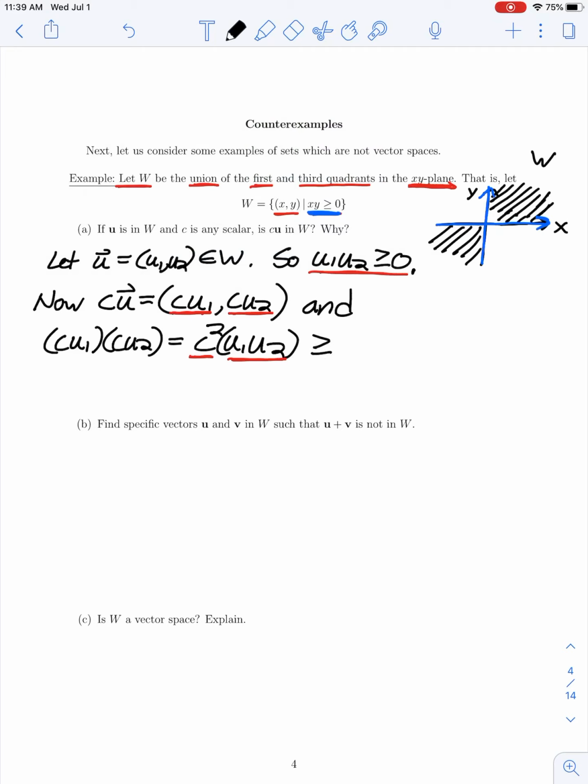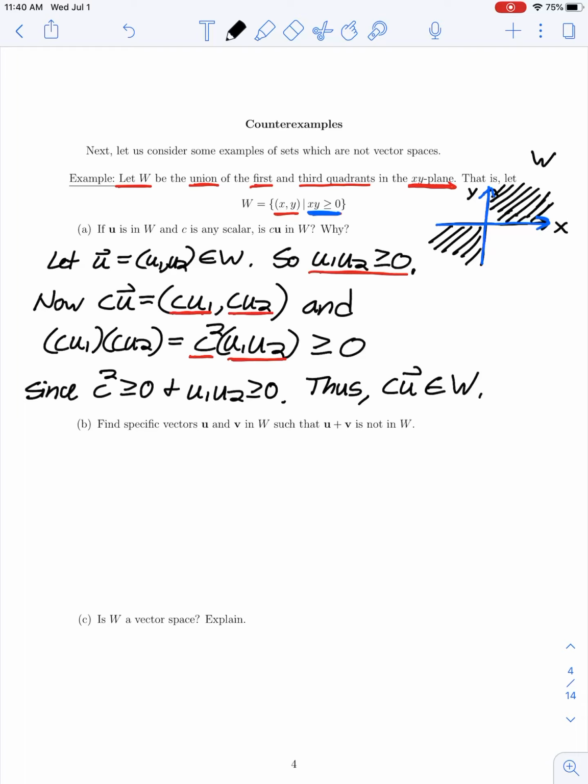So the product must be non-negative, since c squared is non-negative and u1 times u2 was non-negative. So we've established that the scalar multiple of any vector in W must also lie in W. All right, so this space is closed under scalar multiplication.